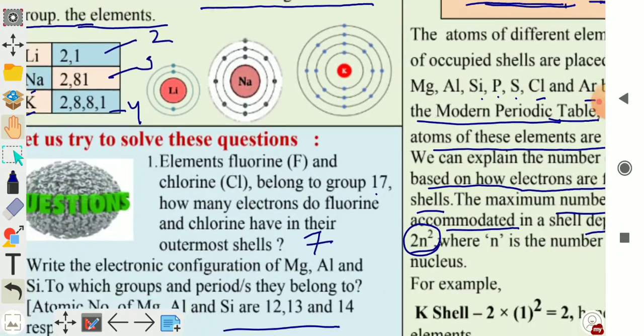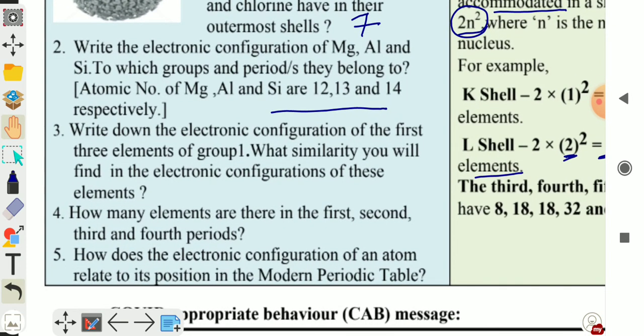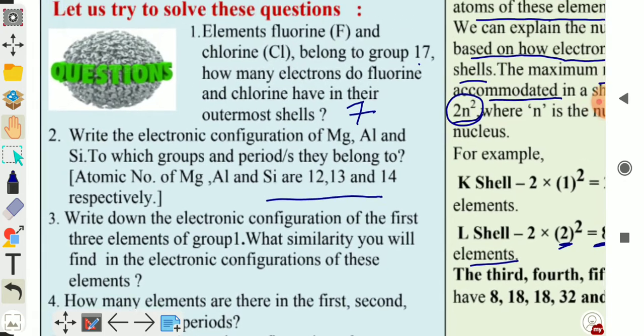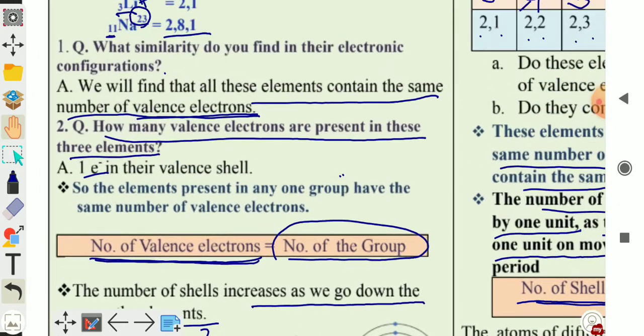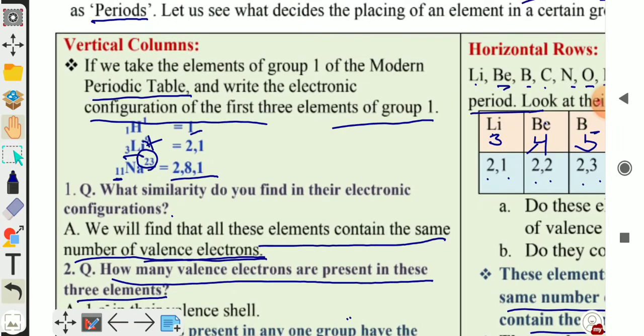Your next question is: write down the electronic configuration of the first 3 elements of group 1. What similarity will you find in the electronic configuration of these elements? The first one is hydrogen, second is lithium, and third is sodium.